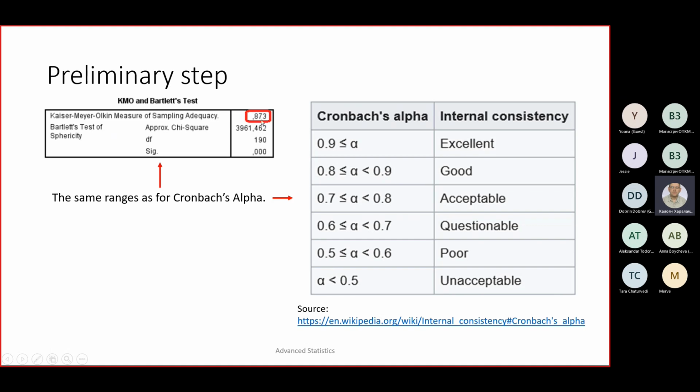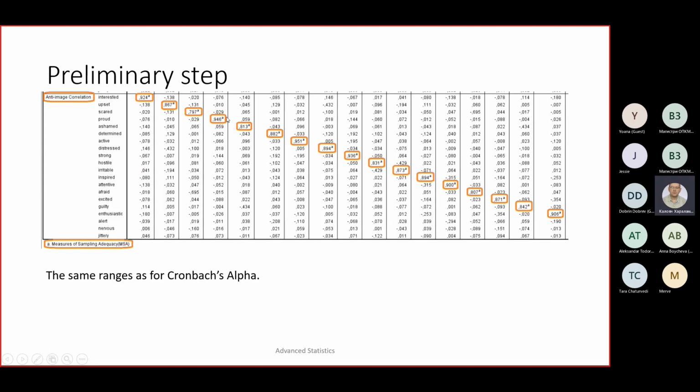Here we can see that all values are above 0.8, so for all items, sampling adequacy is at least good, and for some items it is excellent. That means that we can continue with the first basic step.